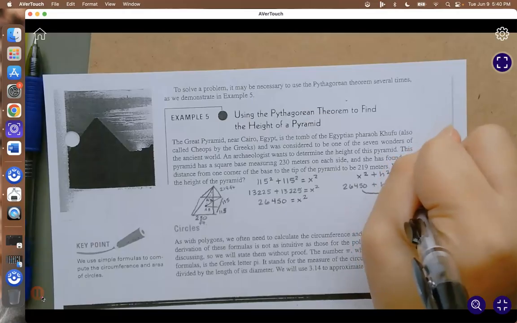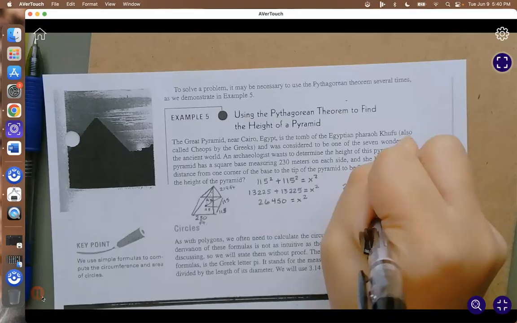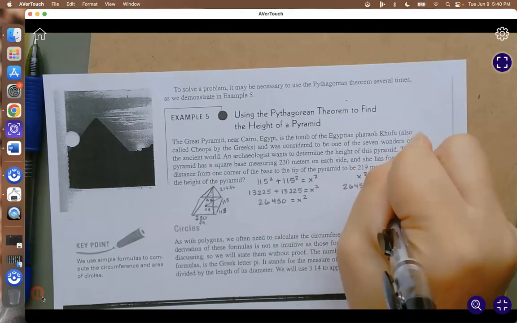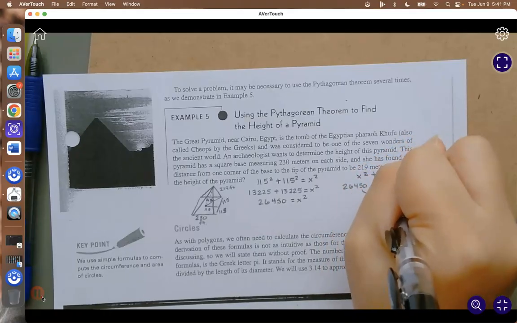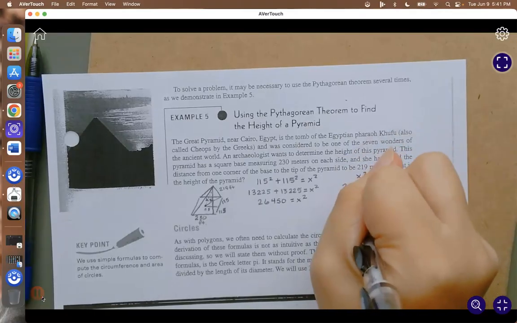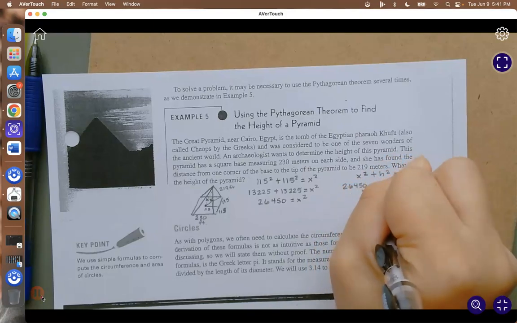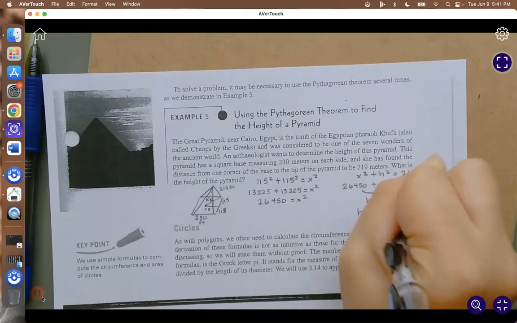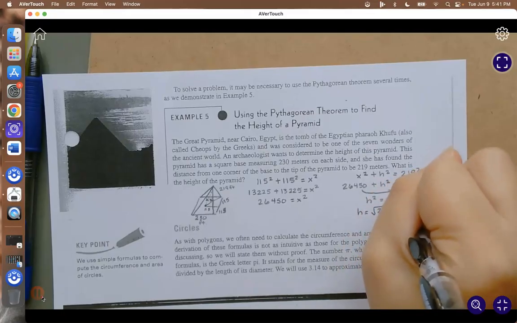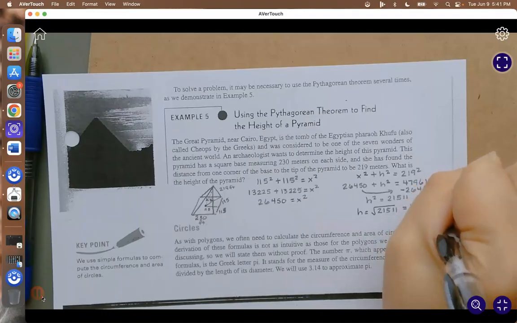So when I subtract the 26,450, h squared equals 21,511. Now I need to take the square root, so the height of this pyramid is 146.67 feet.